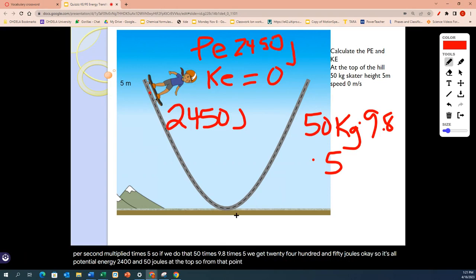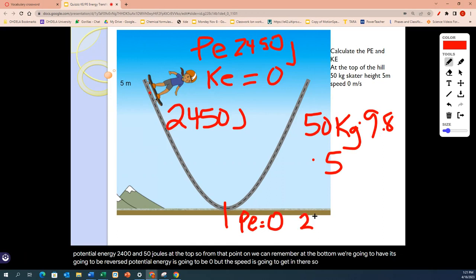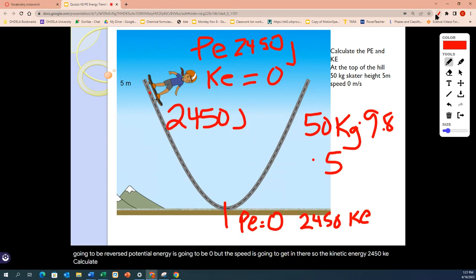So from that point on, remember at the bottom it's going to be reversed. Potential energy is going to be 0, but the speed is going to get in there, so the kinetic energy is 2,450. So we can calculate all along the path.